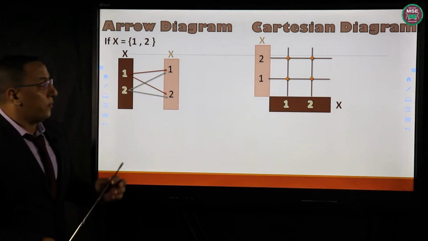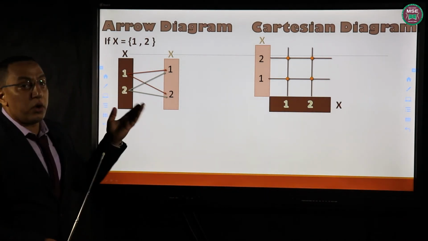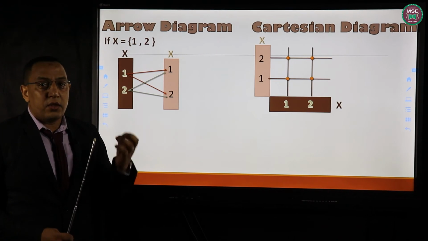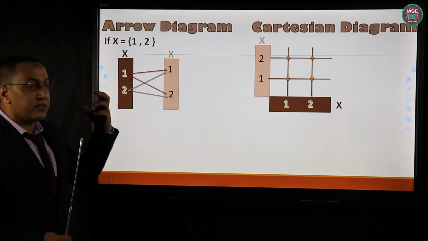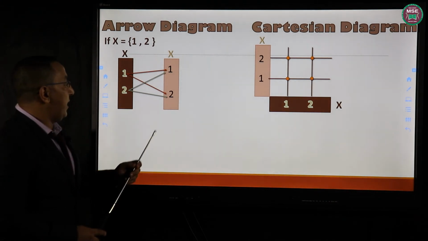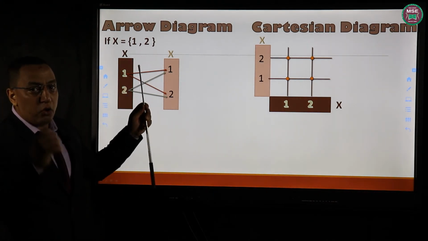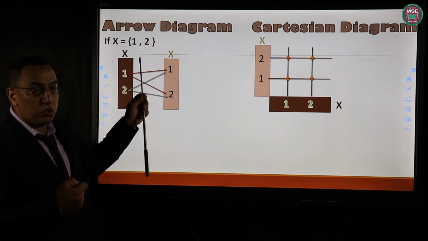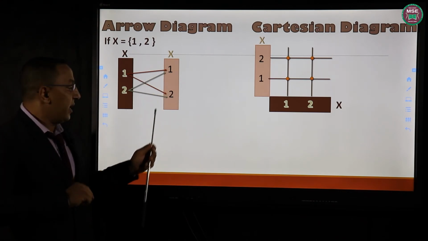Now because X power 2 is a special case, there is also another special case for the arrow diagram. How come? If I need to represent X² by another arrow diagram, it will be like this.